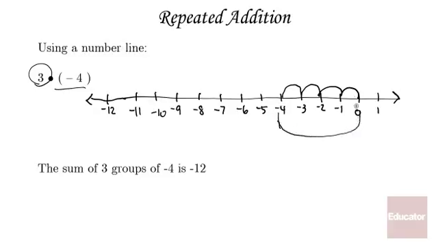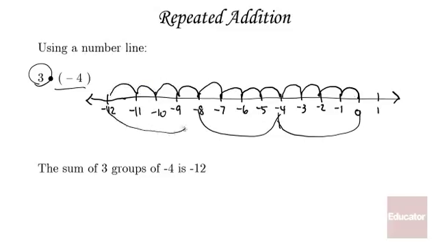From here to here. And I'm going to find another group of -4. 1, 2, 3, 4. That's my second group. And my final group of -4. 1, 2, 3, 4. So here I have 1, 2, 3 groups of -4.